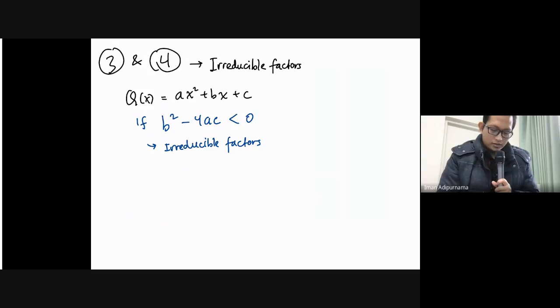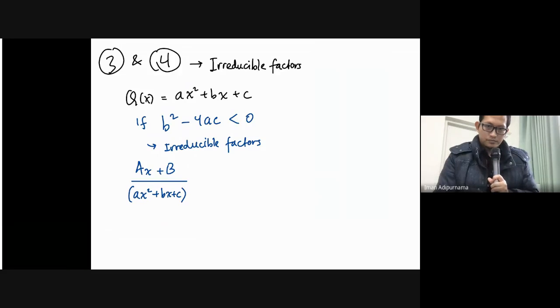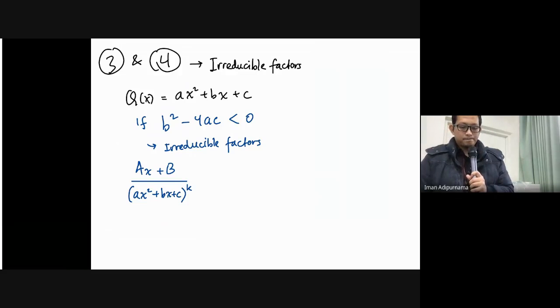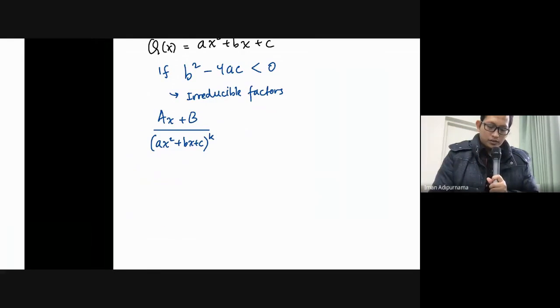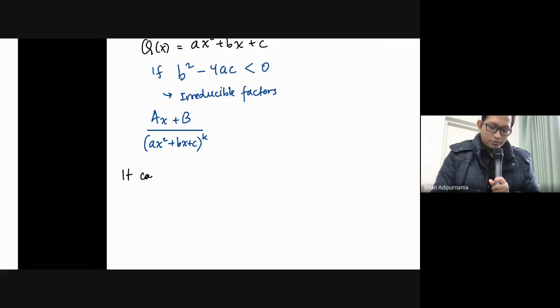So we need to write ax plus b and then the whole quadratic function, let's say maybe to the power k. And it can be repeated. For example, ax. Oh, let me write just the quadratic functions first. And the other one will be with the repetitions.